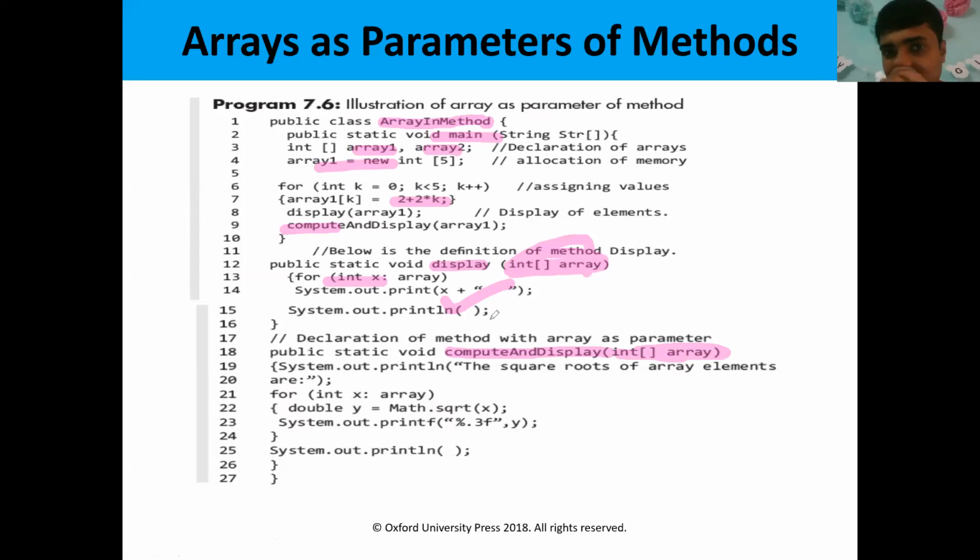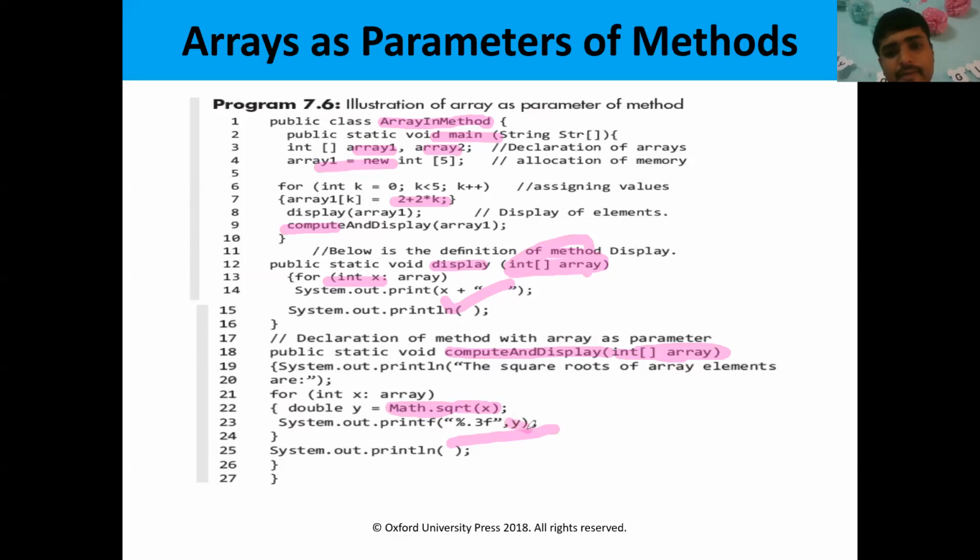Suppose array values are 10, 20, 30, 40. So we are calculating the square root of each number. In Java, we have some mathematical functions. The class name is Math and the method name is sqrt. It calculates the square root of each element, and he is displaying the result.